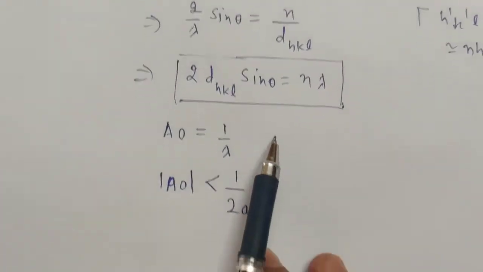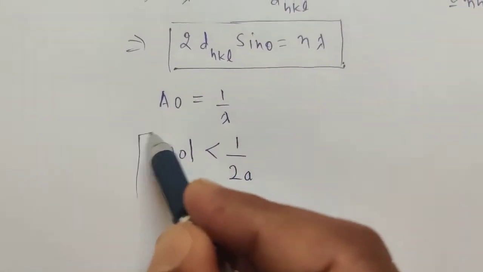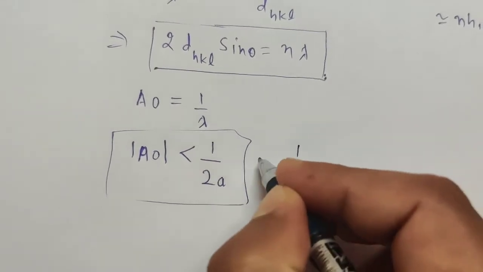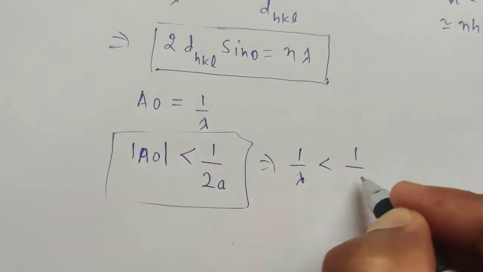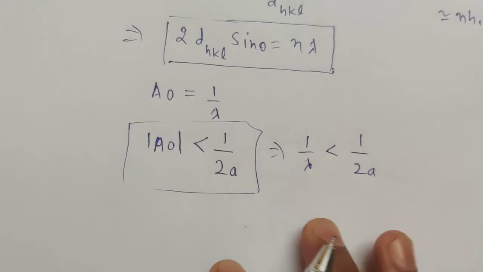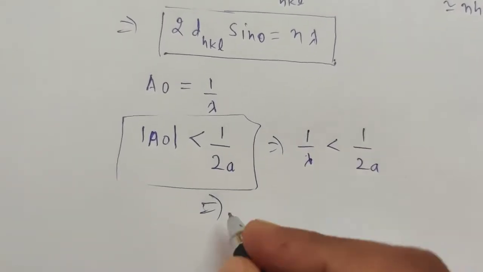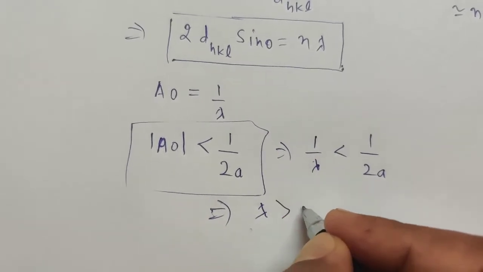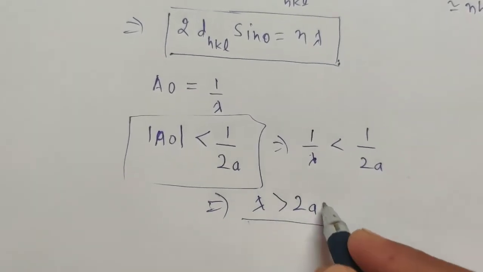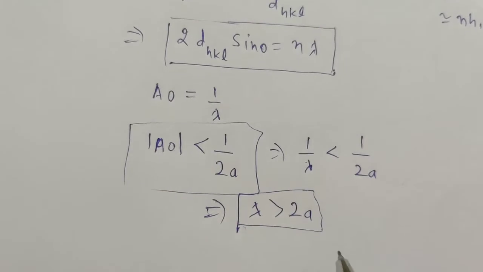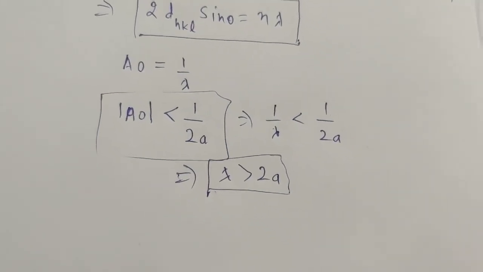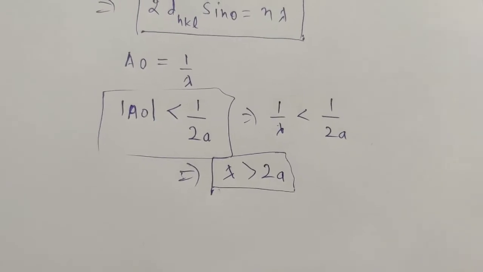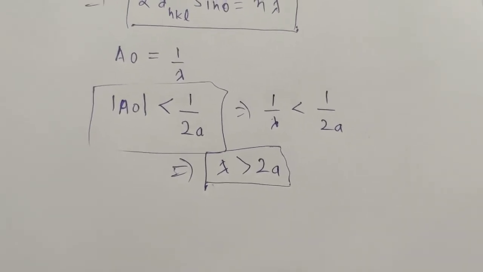For that case, this will be the condition: AO is equal to 1 upon lambda, and 1 upon lambda will be less than 1 upon 2a. So you can say that lambda will be greater than 2a. This will be the condition when your circle will not intersect any of the points of the reciprocal lattice. In this case diffraction will not happen.